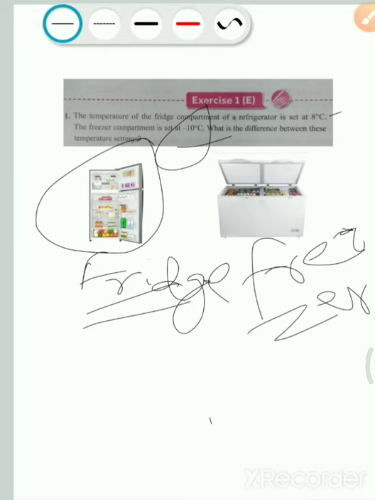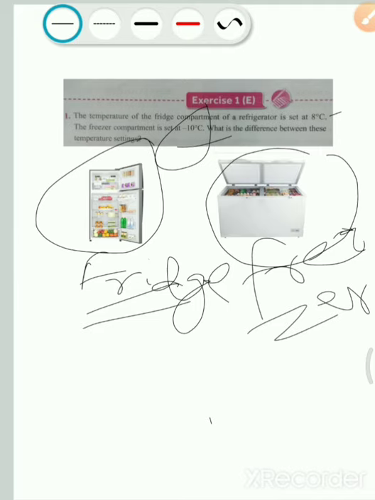Okay, then what is the work of freezer? This one will work for where you place items you want to remain frozen. That means when you want to keep it in frozen form, in solid form, or when you want to make ice, and that ice you want to keep in frozen form, then you need to use freezer.